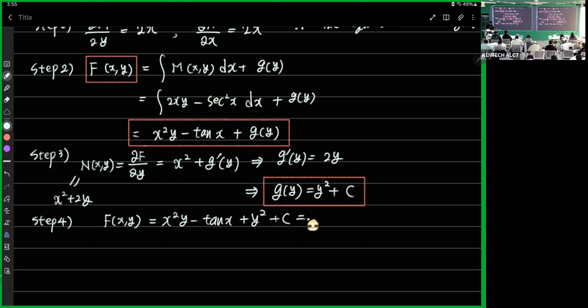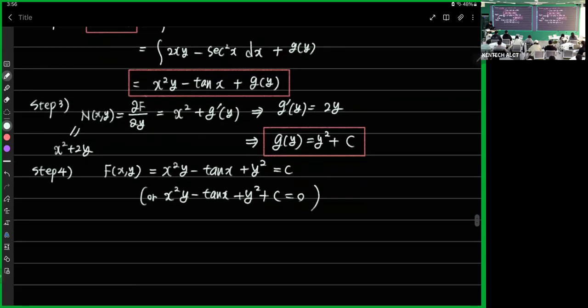Let me combine that c and the c on the right-hand side into c. So this is the solution, the implicit form of the solution. Or we can say x squared y minus tangent x plus y squared minus c equals 0. It doesn't matter; the sign of the constant doesn't matter.